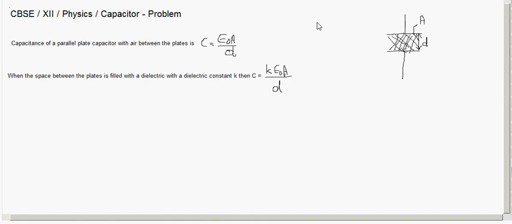These two cases we have studied. Now we will take a problem based on this. Take down this. A parallel plate capacitor with air between the plates has a capacitance of 8 picofarad.